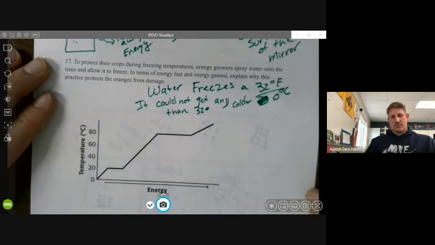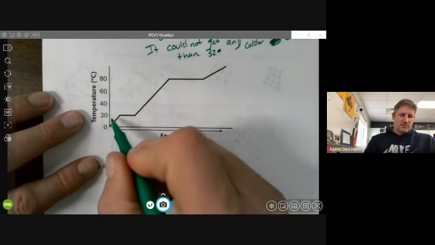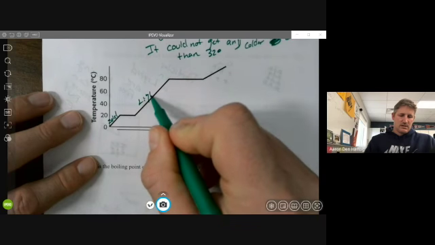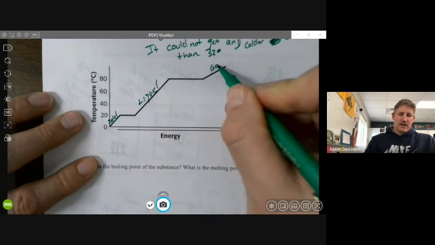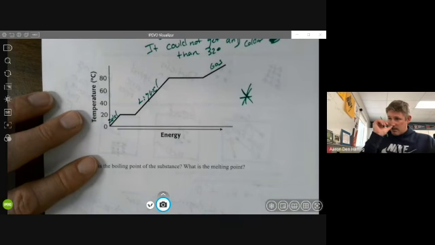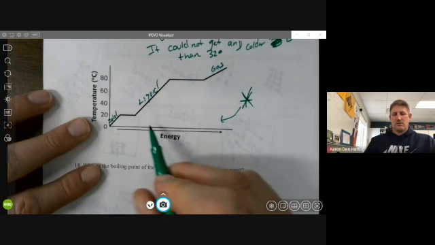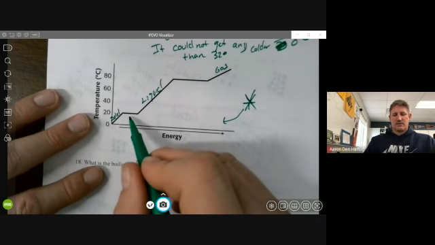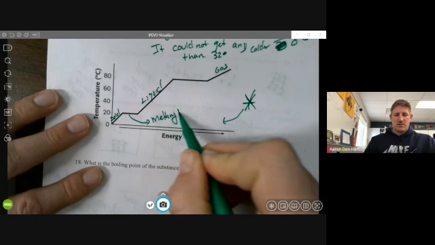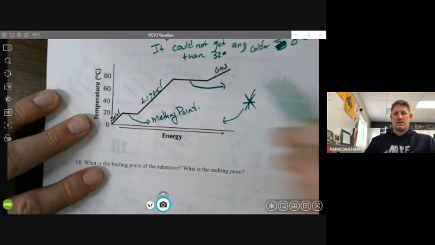That's not possible. All right, when we take a look at this chart, this would be a solid, this is a liquid, and this is a gas. Make sure this is on your test. You need to know this. This right here, from a solid to a liquid, that is called its melting point. And what do you think this is right here?